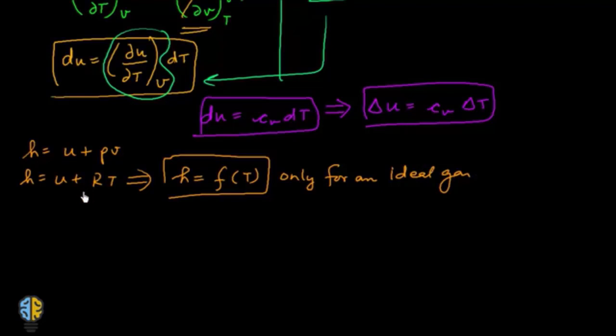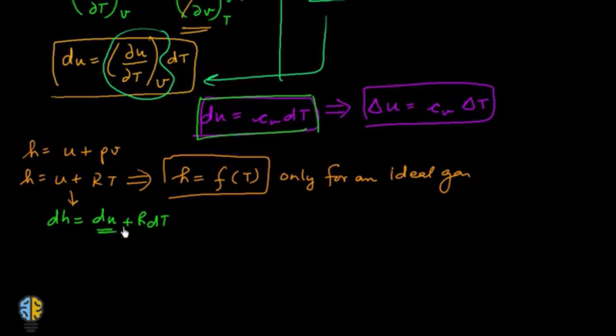Now if you take this equation forward for further analysis and differentiate it, you get dH is equal to dU plus R into dT. Wondering why we did not differentiate R? Because R is a constant, remember that. Now what is the value of dU? The value of dU is Cv into dT.